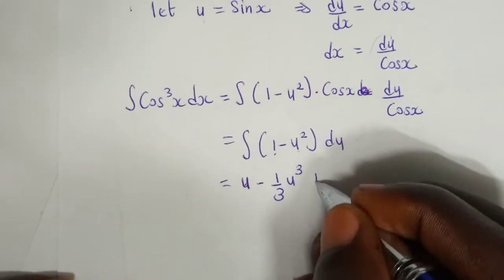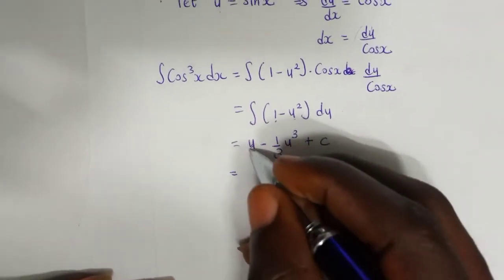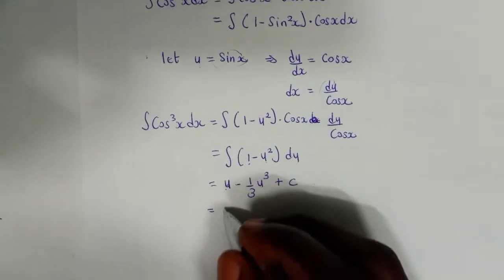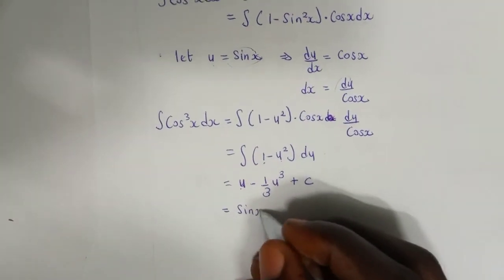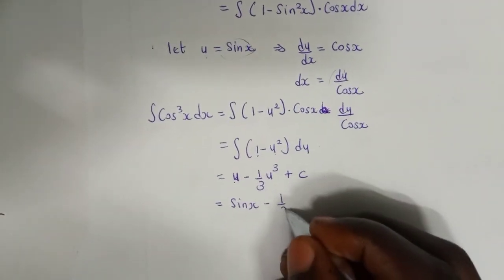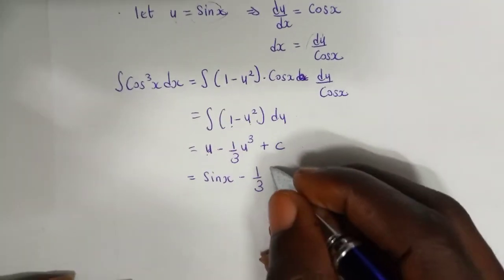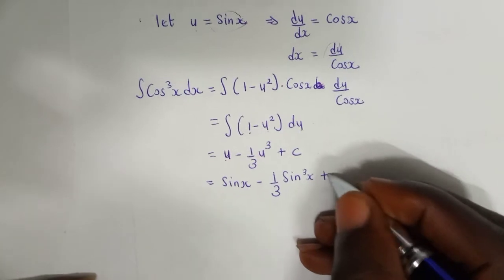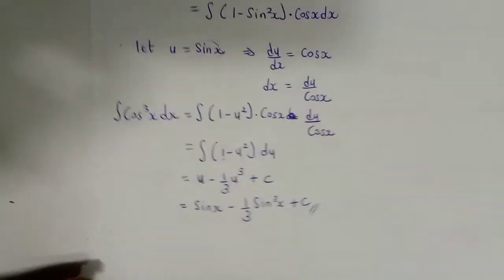Then we add our constant c. So u was given, we let u be sine x. So we are going to get sine x minus 1 out of 3 sine cube x plus c. So that's our answer.